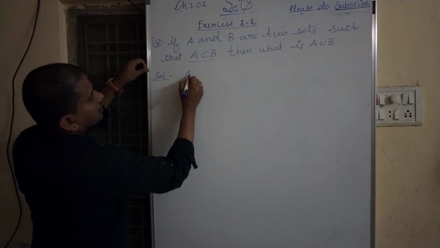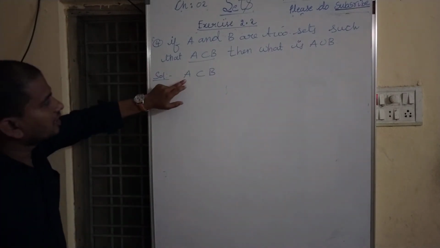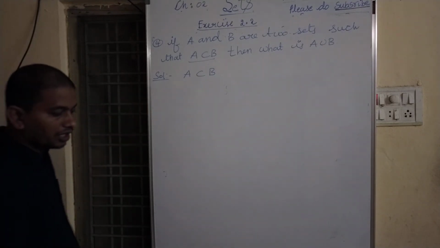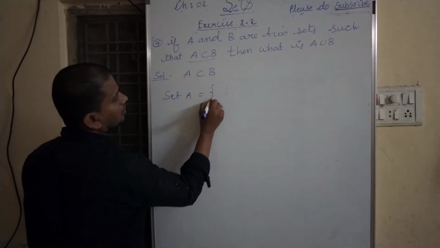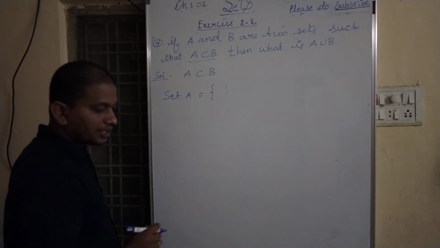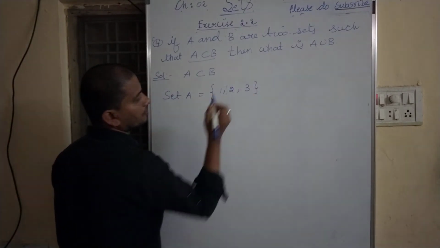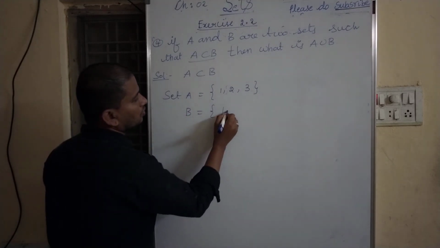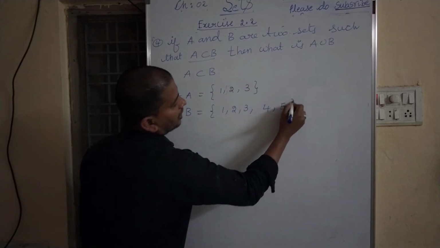The condition is A is a subset of B. Set A is a subset of set B. Okay. Consider set A is equal to 1, 2, 3, and consider set B equal to 1, 2, 3, 4, 5.